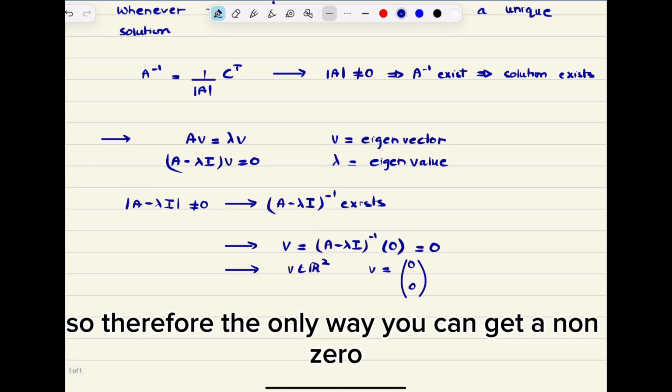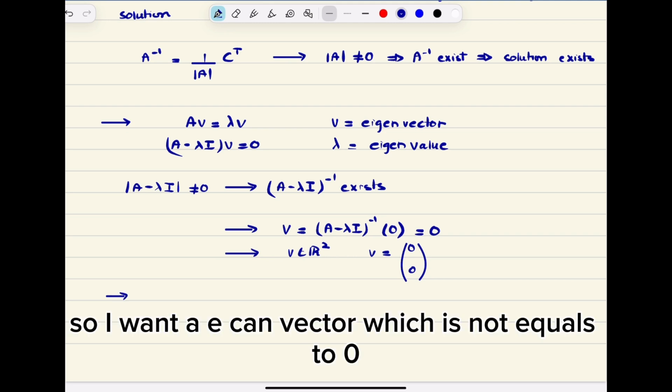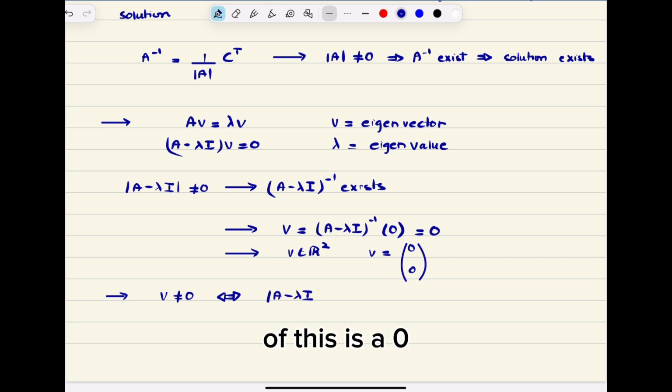So the only way we can get a non-zero eigenvector, which is not equal to 0, is if and only if the determinant of this is 0.